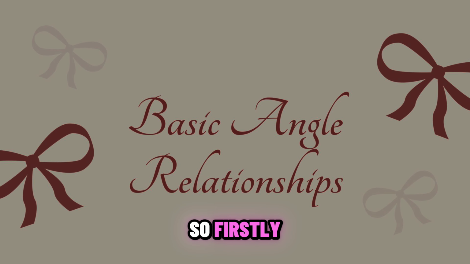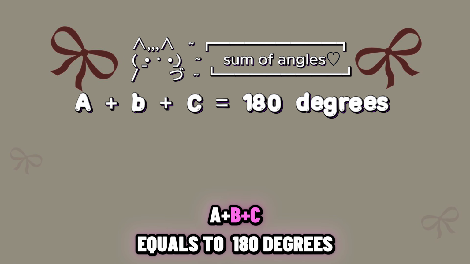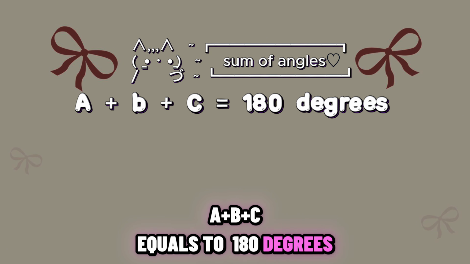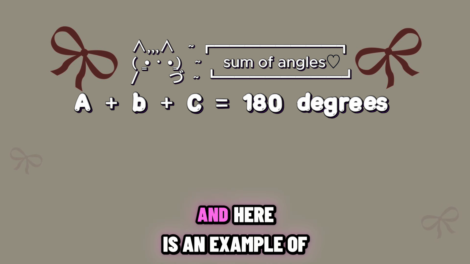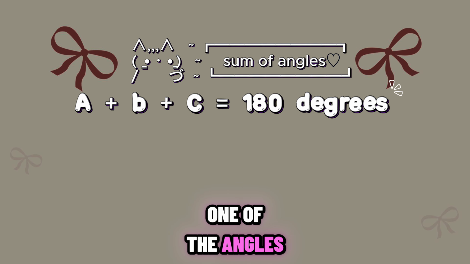So firstly, sum of angles. A plus B plus C equals 180 degrees. And here is an example of the angles and how to solve each one of the angles.